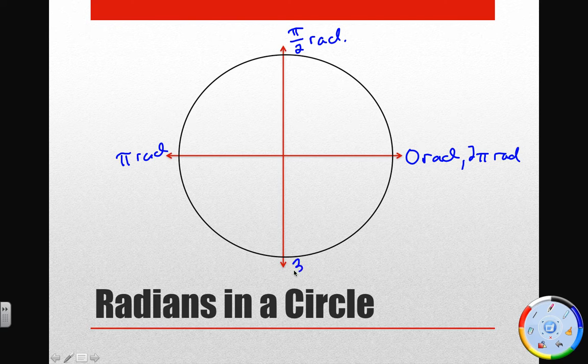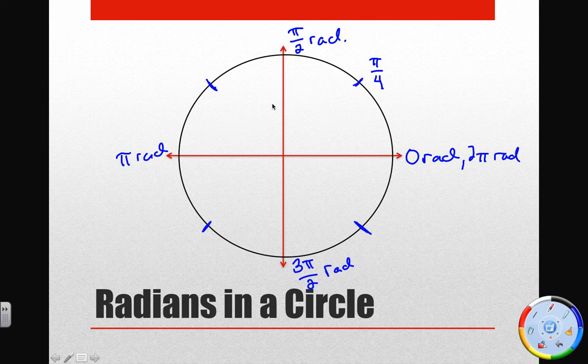Oh, that means this is 3 halves pi. That's kind of easy. Well, what if we went to the 45-degree angle? The 45-degree angle is a quarter of the way to pi. So that just means it's got to be pi fourths.